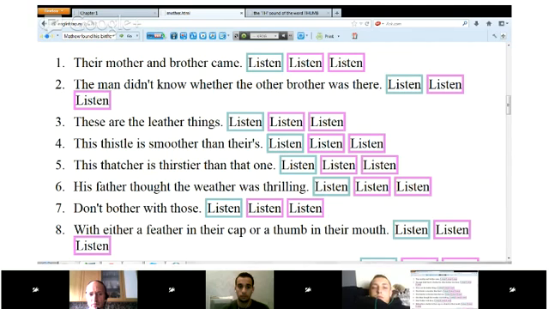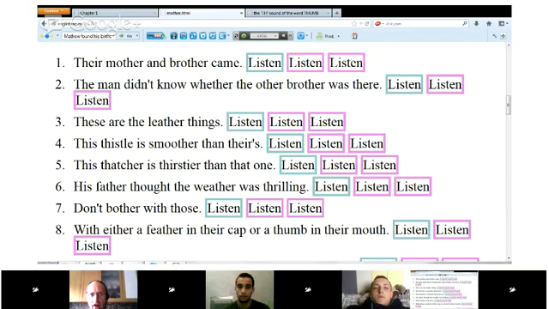If you do add a little r, that's up to you, because that's nothing to do with anything, you know, the little r at the end of a vowel. I don't need it there because for me I don't need it before a m sound. So I just say their mother and brother came. But you know, it's quite okay to add a little r sound there and say their mother and brother came.